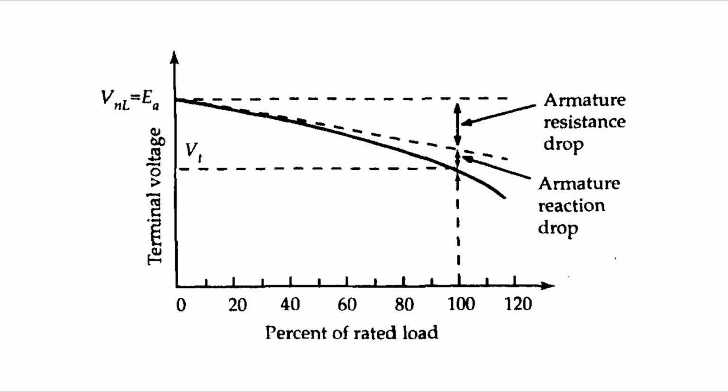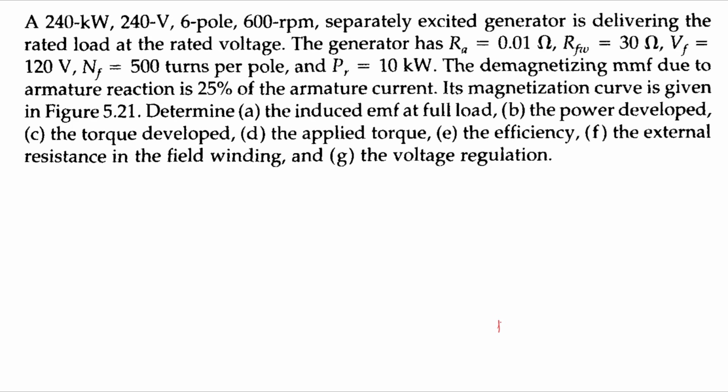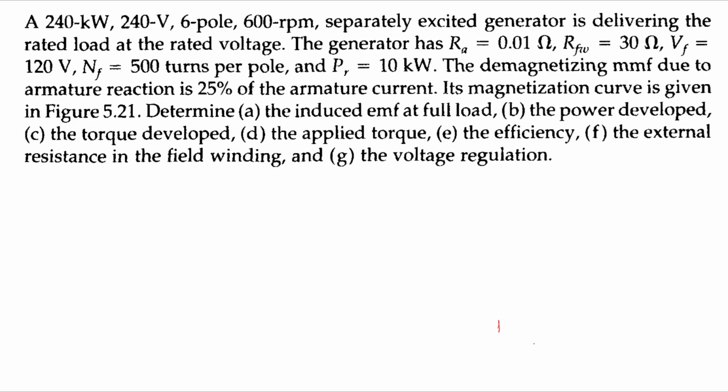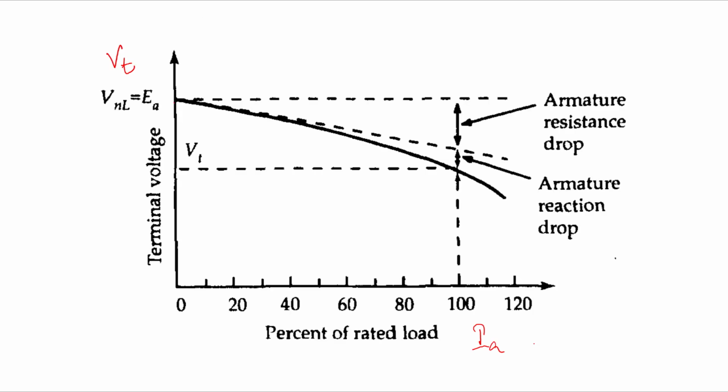And here I will show you the characteristic. The dotted line you are seeing here is the plot between Vt and Ia. Now if we see this dotted line, this is under no load condition.